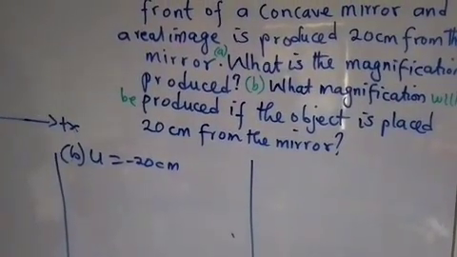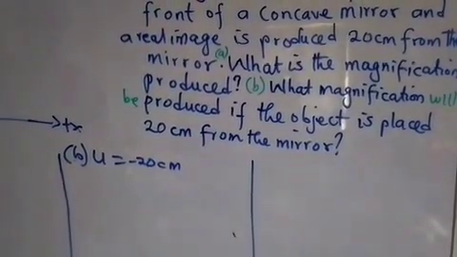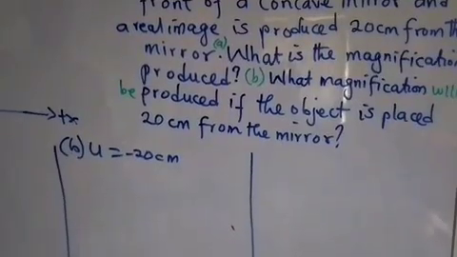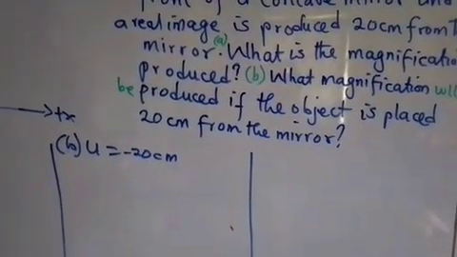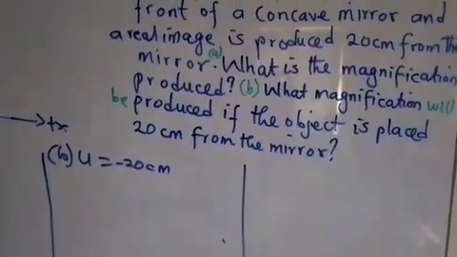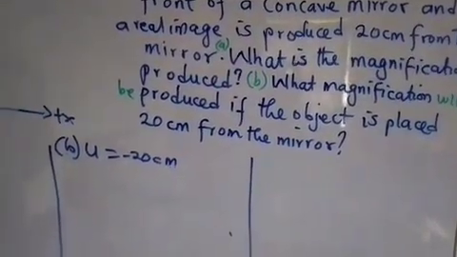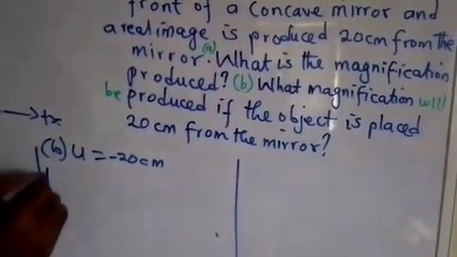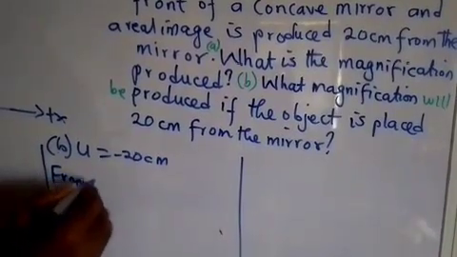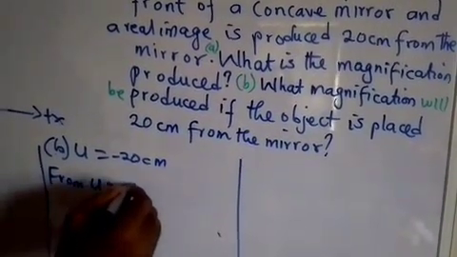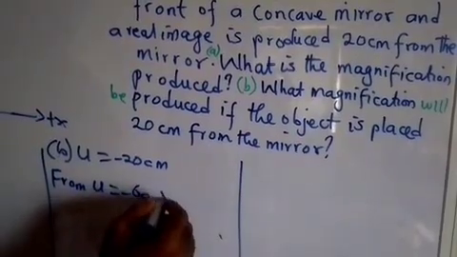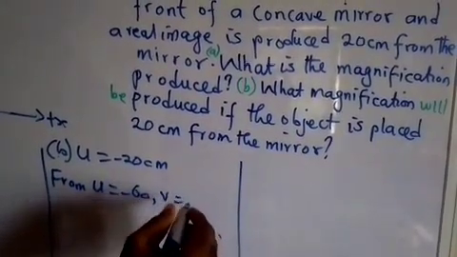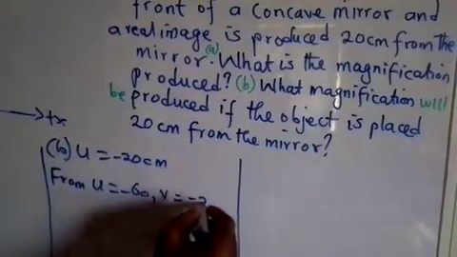How can we find the focal length of this mirror? Let's use the condition in A. From U equal to minus 60, V equal to minus 20.